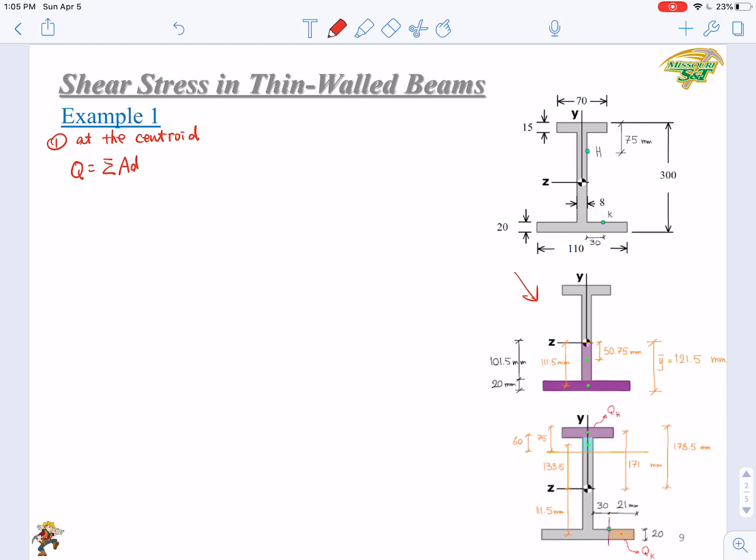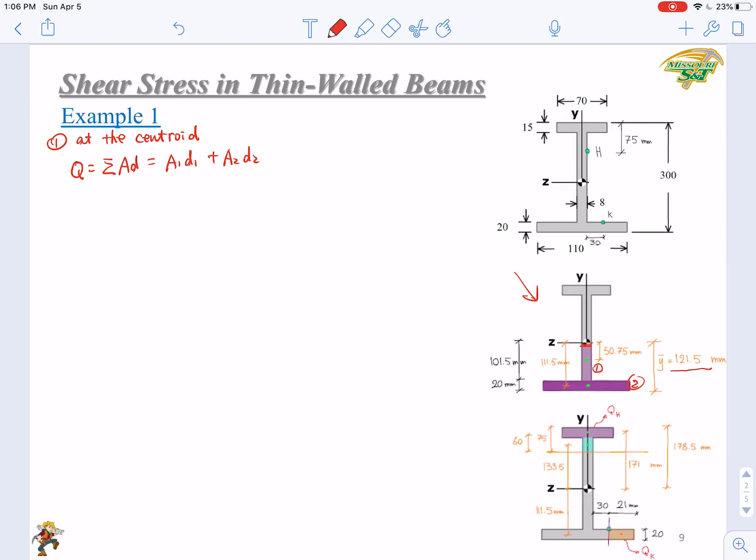Since we already know that the Y bar equals 121.5, the purple colored area will be the area we consider to calculate the Q. You need to divide it into two sub areas, sub area 1 and sub area 2. So this equation can be extended as A1 D1 plus A2 D2.